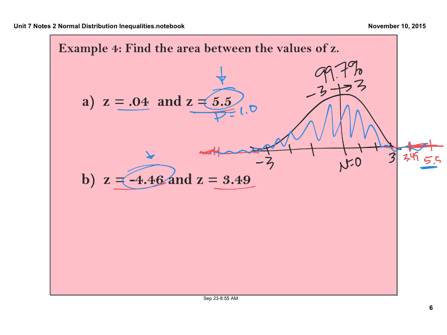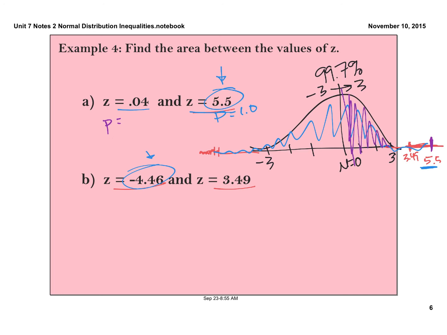So then let's take a look at 0.04, because all I need to do here is find 0.04 and subtract the two. So my probability for 0.04, if you go to your table, go to 0.04, it should be just above 50%. Because basically what I'm looking at is 5.5 to 0.04.